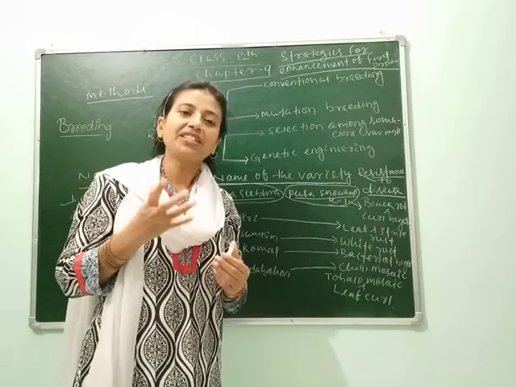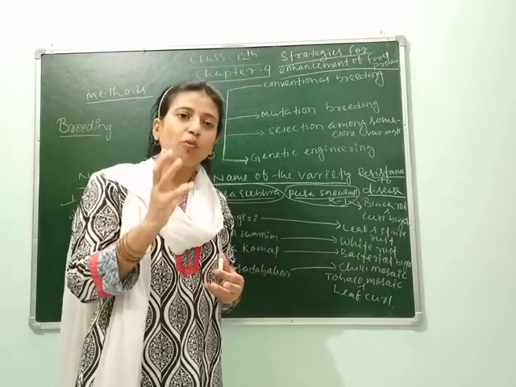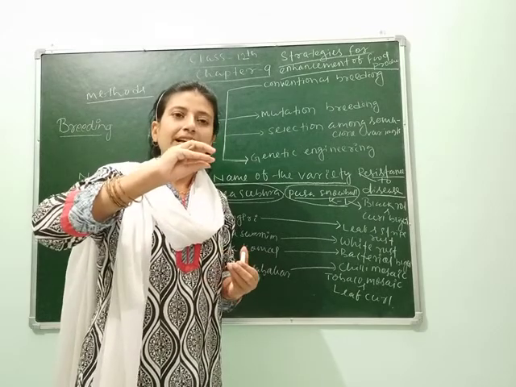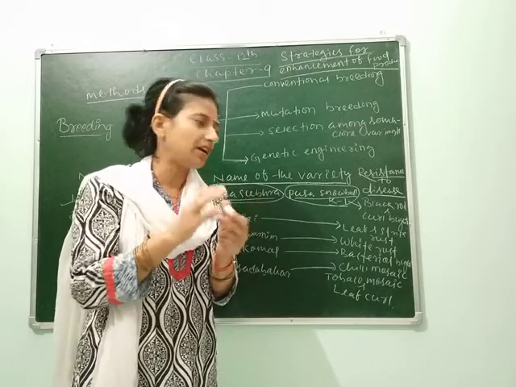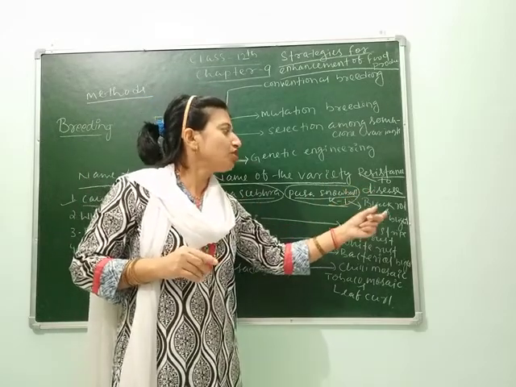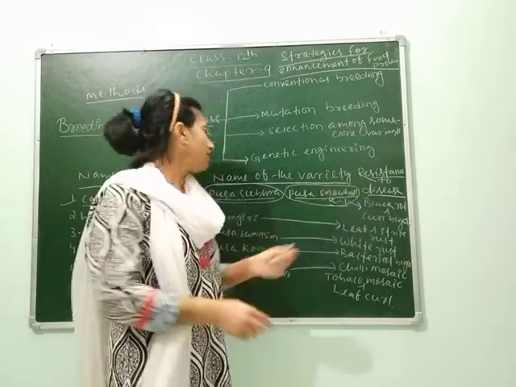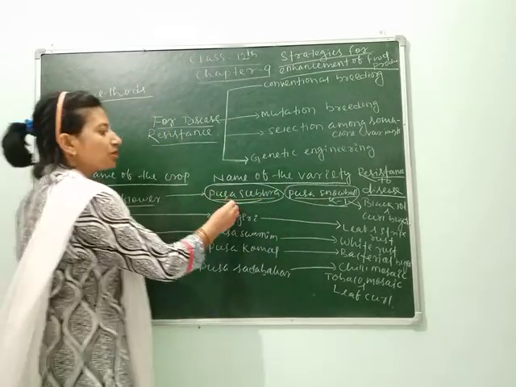You have seen in cauliflower, gobi, white gobi, there are some black spots on the white colored cauliflower. That disease is caused due to some fungus. So here the variety is made, Pusa Subra.